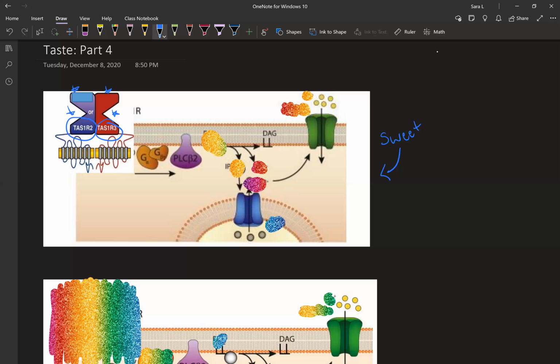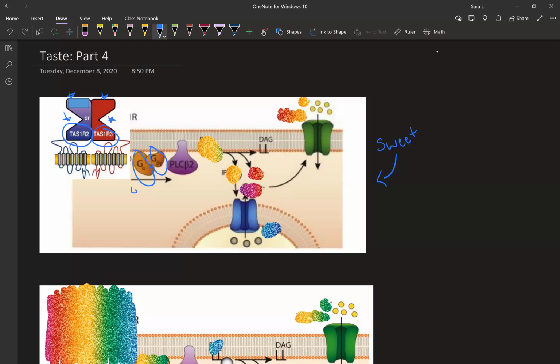Right here, this one is our alpha, and this is our beta gamma complex. The GTP and the GDP would be attached to our alpha because it's by itself, so it needs a bit more energy, whereas the beta gamma complex, they have each other. And so then these two can go out and do different things.